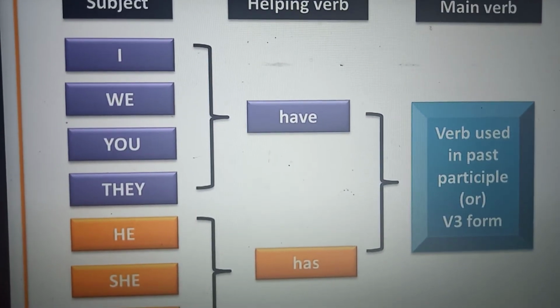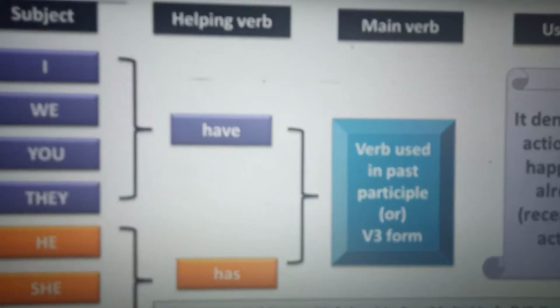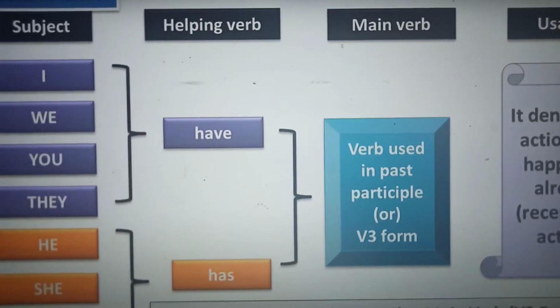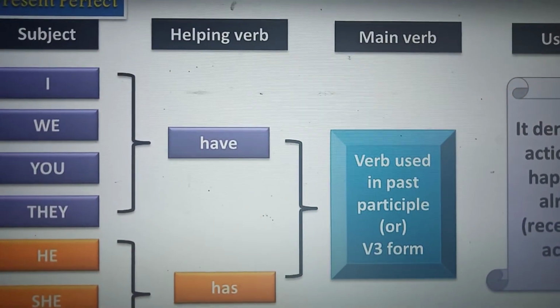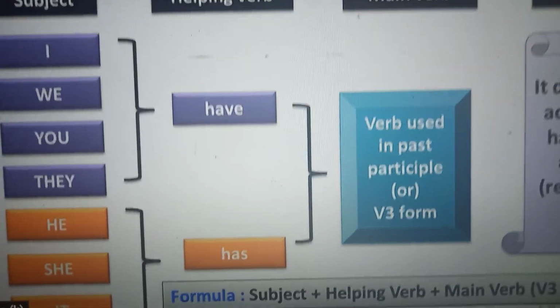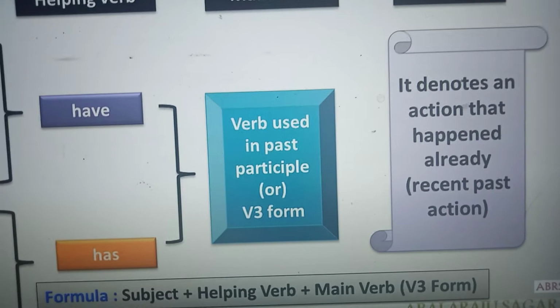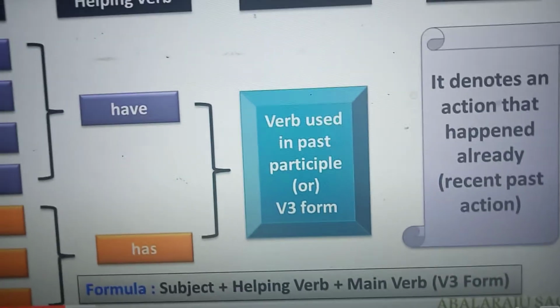Past participle is separate from past tense. Run, ran, run. Read, read, read. Like that. It denotes an action that happened already, a recent past action.